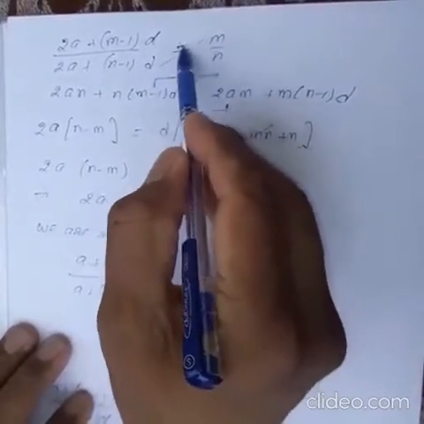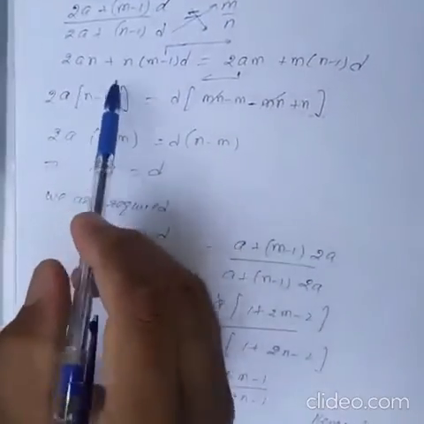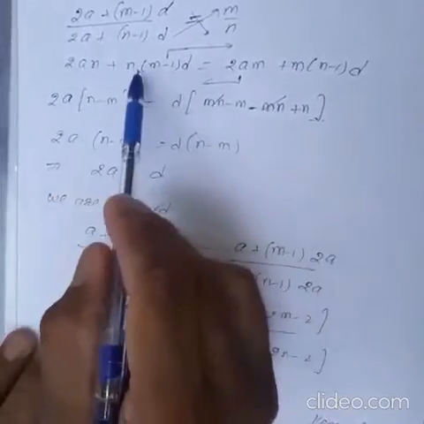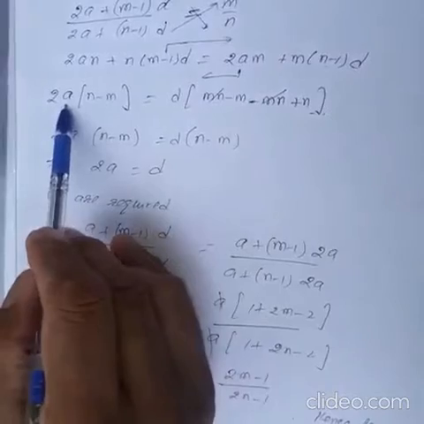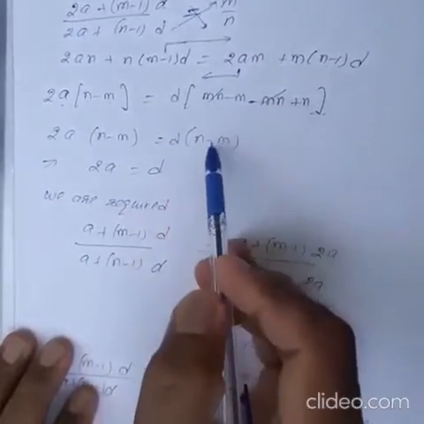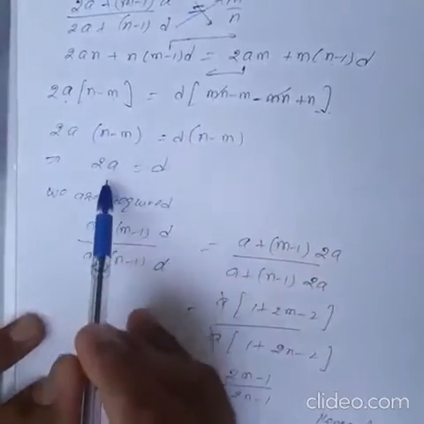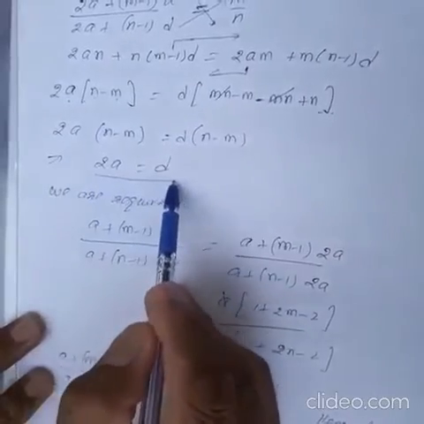Then combine the terms of A by shifting this term to the left hand side and the terms of D to the right hand side, taking 2a common and (n minus m). If you take D common, it will be (n minus m), and we will have the value of 2a equal to D. So this is the relation between A and D.